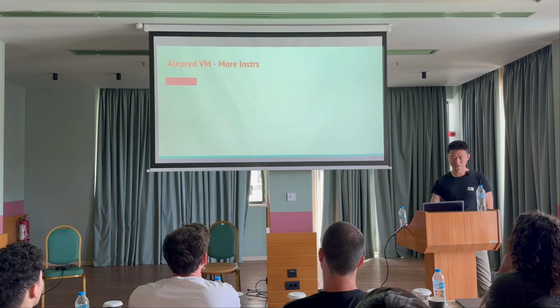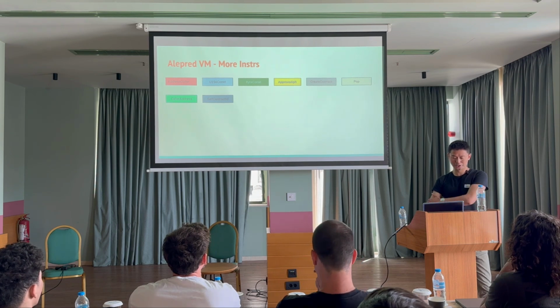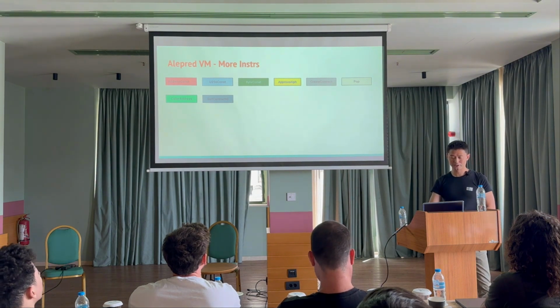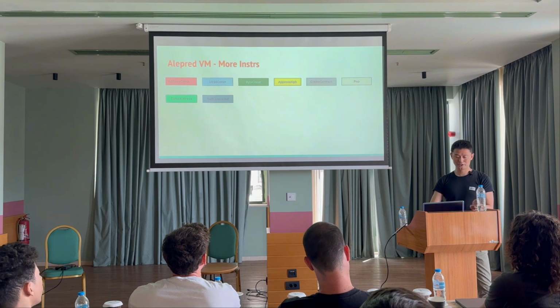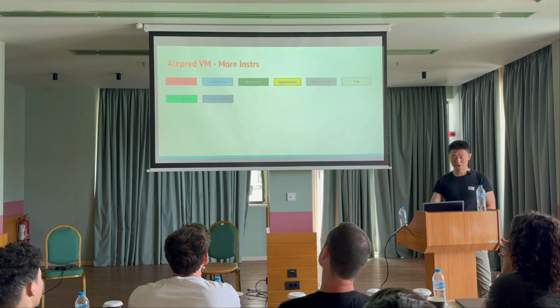It's the same with the Alephium VM. So there are a few more instructions. We can probably finish this before we get into the contract interaction. For example, if you remember, there's this caller address built-in function, and that has a corresponding opcode.